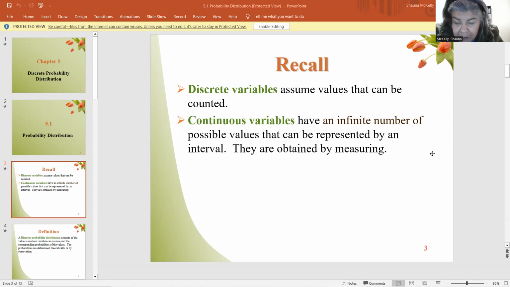Continuous variables have an infinite number of possible values. What that means is that they can take on values between numbers and they continue forever. We measure that. So this could be like the weight of a shipment of packages from Amazon.